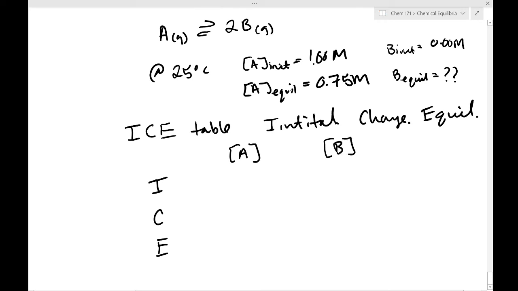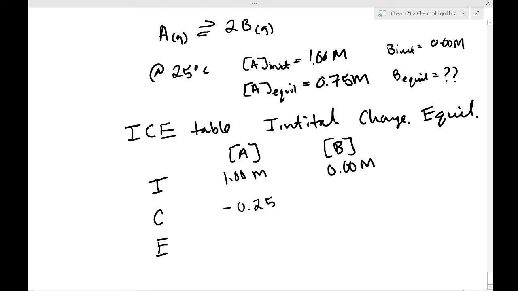So initially we have a concentration for A of 1.00 molar, and we have an initial concentration of B of 0.00 molar. We have a change in A going between 1 and 0.75 of negative 0.25.